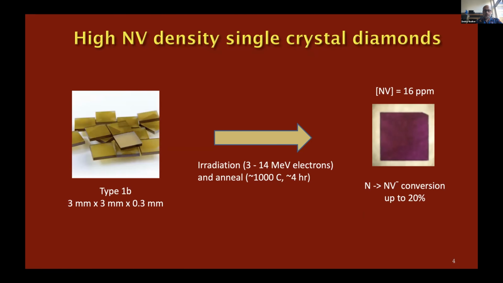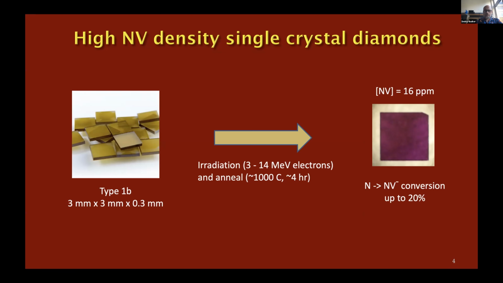But it turns out that it's not that simple. You have to sometimes work to prepare a diamond containing the right concentration, the right type of color centers. The procedures are quite different.